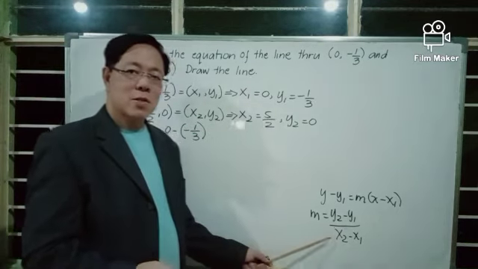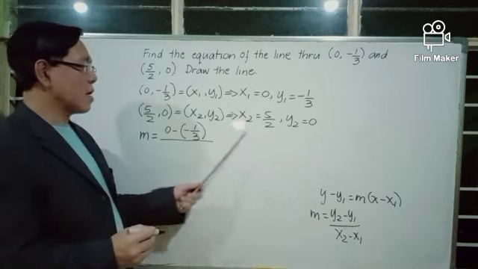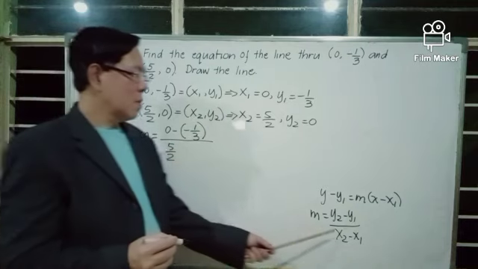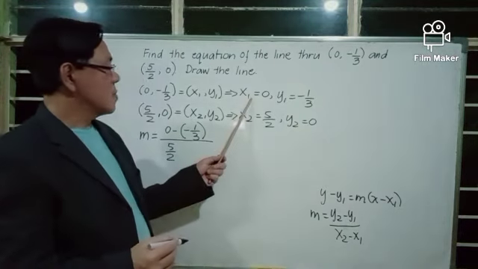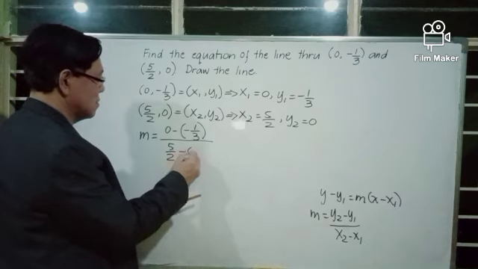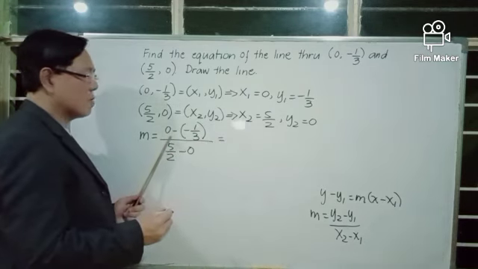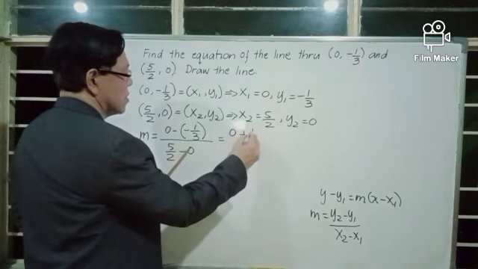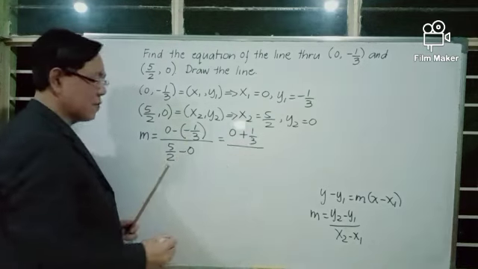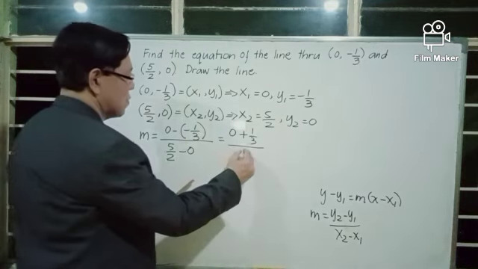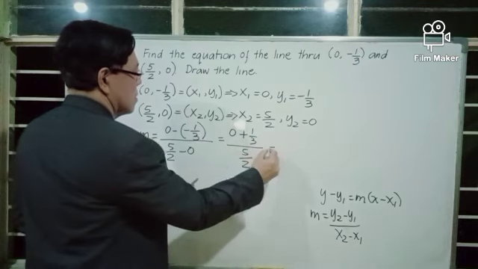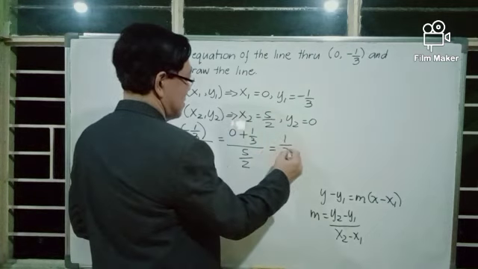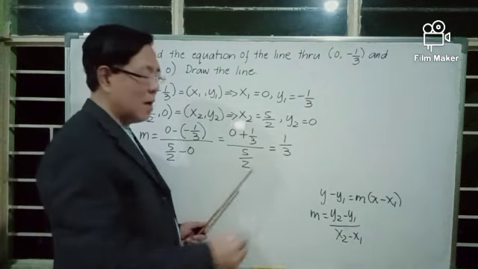All over x2, our x2 is 5/2, minus x1. Our x1 is 0, minus 0. And we simplify, we have 0. Negative times negative is positive, 1/3. Over 5/2 minus 0 is 5/2. Or 0 plus 1/3 is 1/3. Divide by 5 halves.